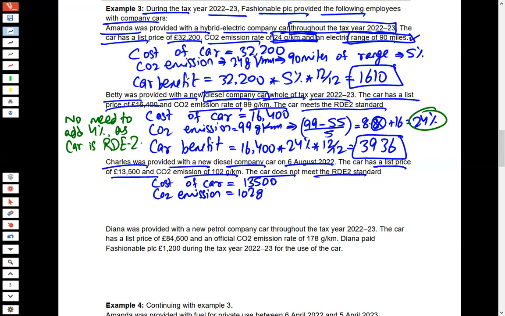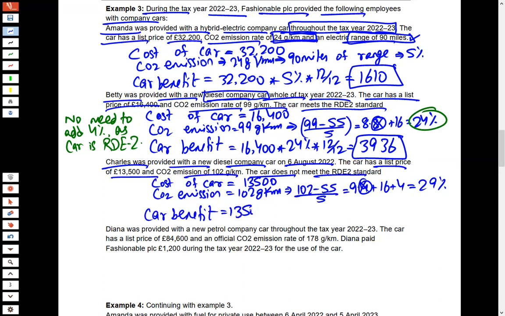CO2 emission is 102 minus 55 divided by 5, so it is 9.4, 0.4 ignored, plus 16 plus 4. So the CO2 emission percentage over here is 29%.